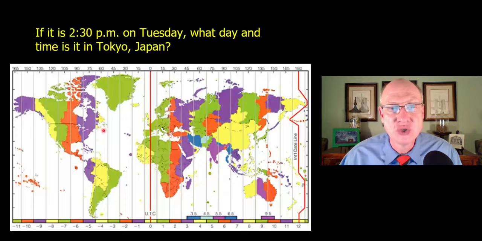2:30 p.m. So this time zone, it's 3:30 p.m., 4:30, 5:30, 6:30, 7:30 p.m., 8:30 p.m., 9:30 p.m., 10:30 p.m., 11:30 p.m. on Tuesday, 12:30 a.m. on Wednesday. Right as we cross here, we go from 11:30 p.m. to 12:30.